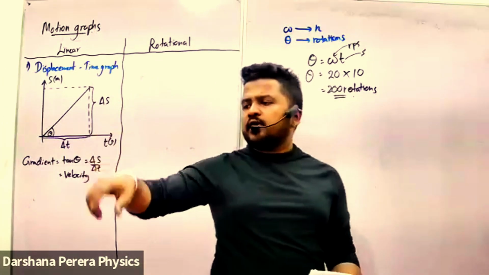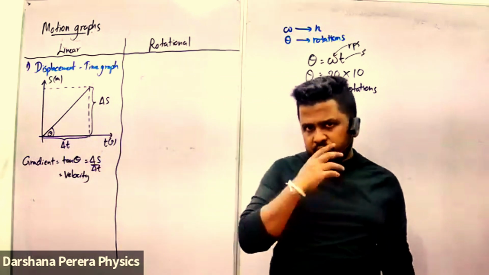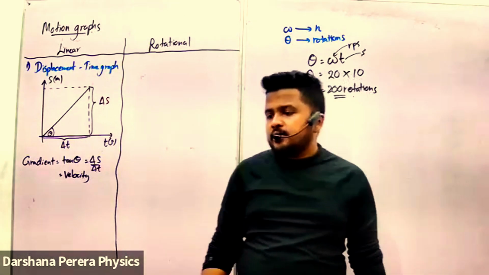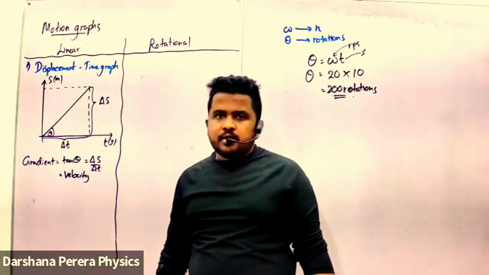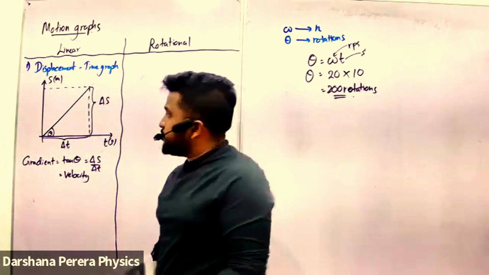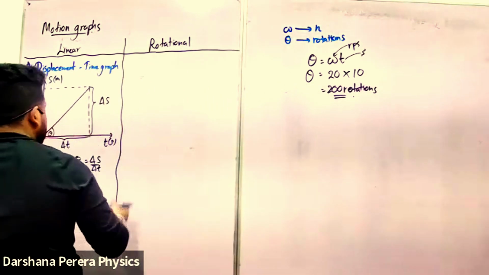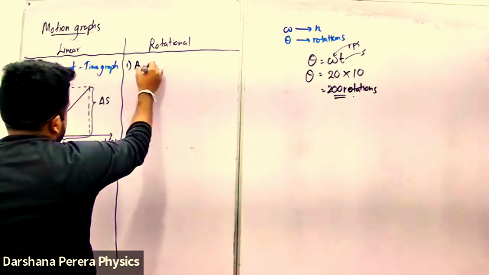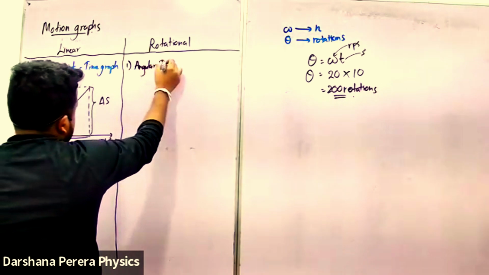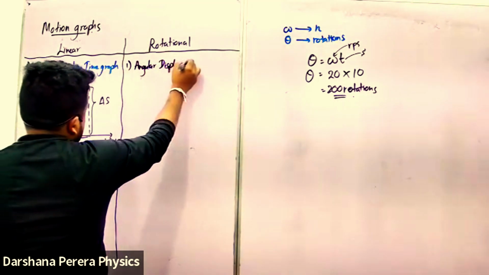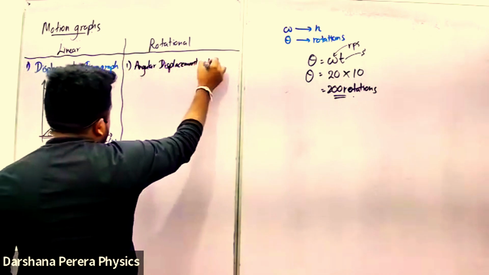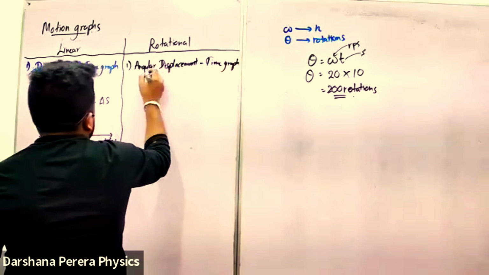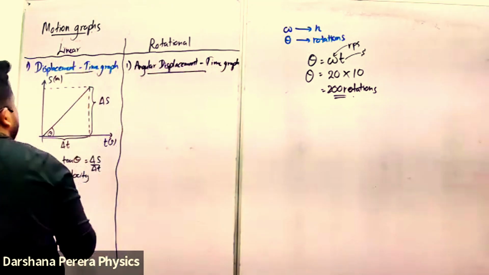What are the changes in rotational motion? In rotational motion, the displacement time graph can be taken as number 2, in this case the angular displacement time graph.